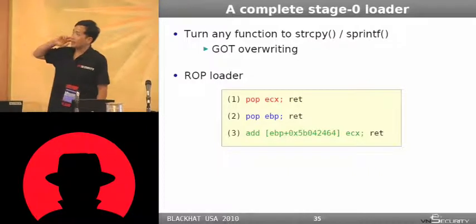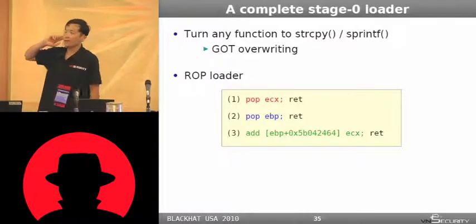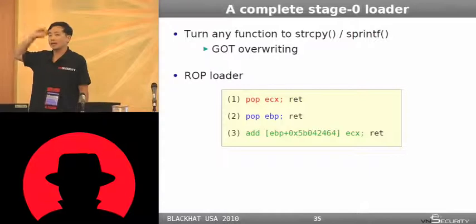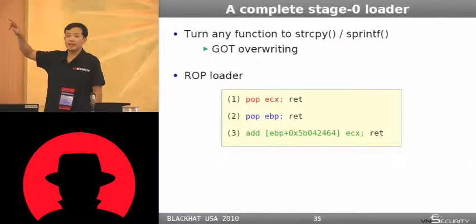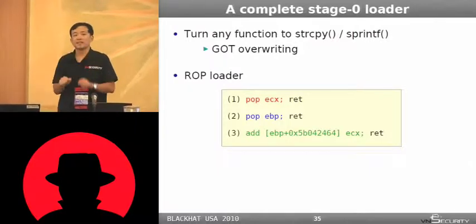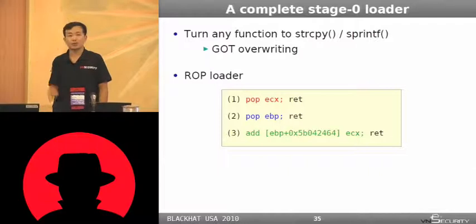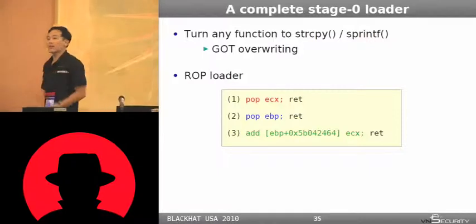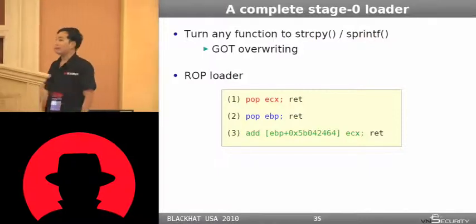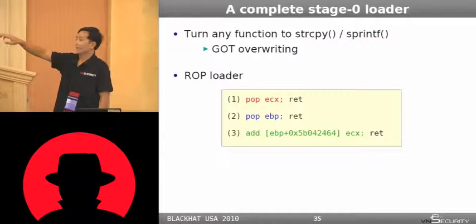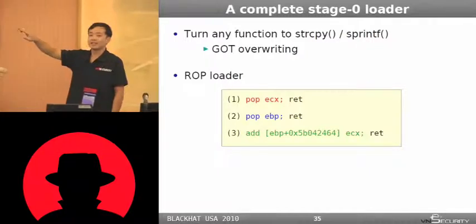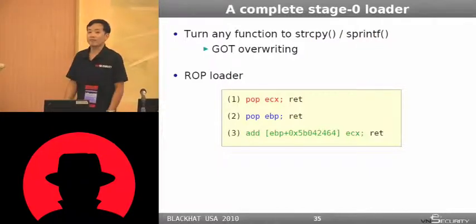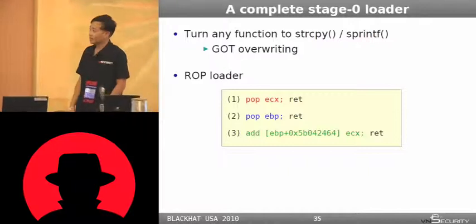There is an assumption in our previous slide that there is a string copy inside the binary. If there is no string copy in your binary, you can turn any function into the string copy to load your payload by utilizing the GOT overwriting technique we saw previously.